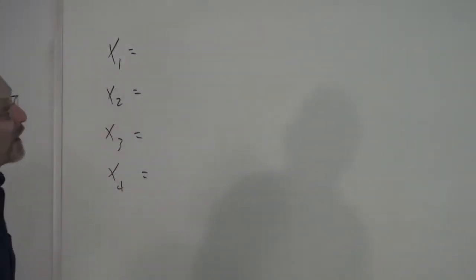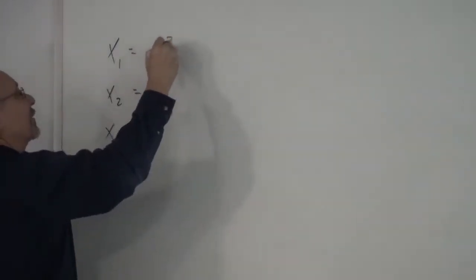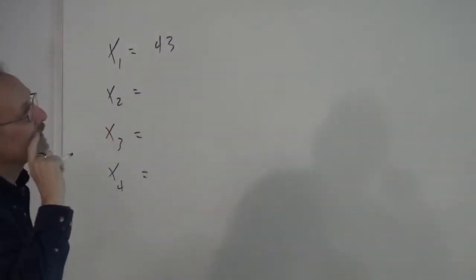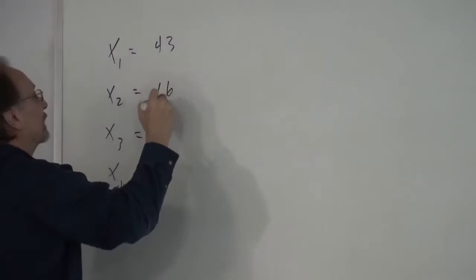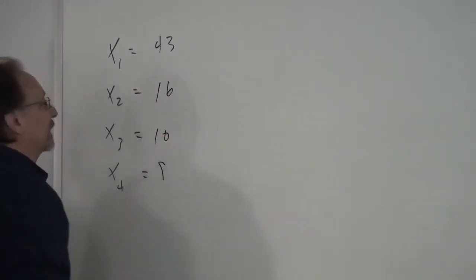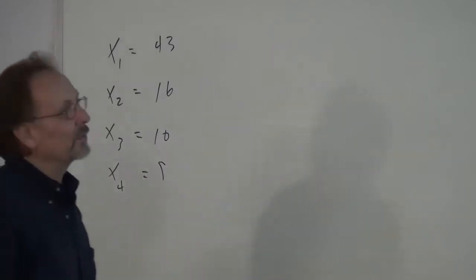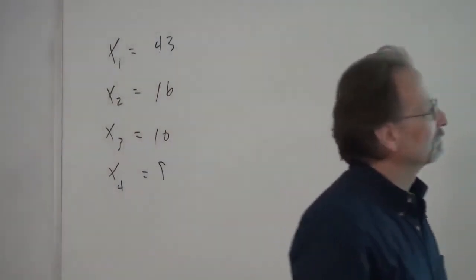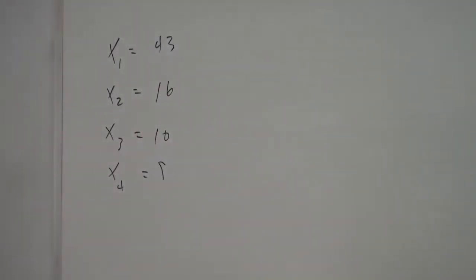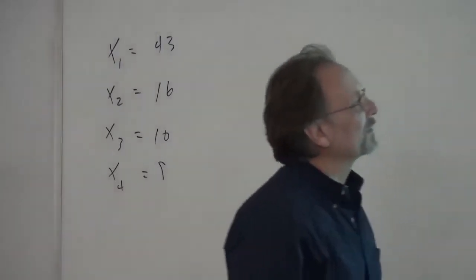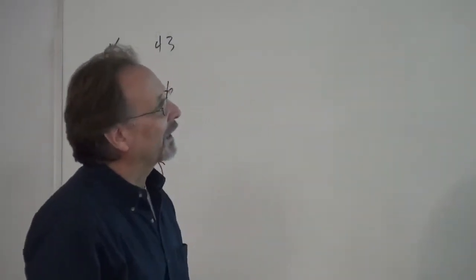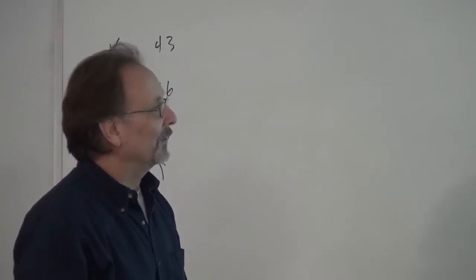It doesn't matter how you do it, but you can do it in the order presented: 43, 16, 10, and 9. Then just expand each summation and product sign and calculate the value.